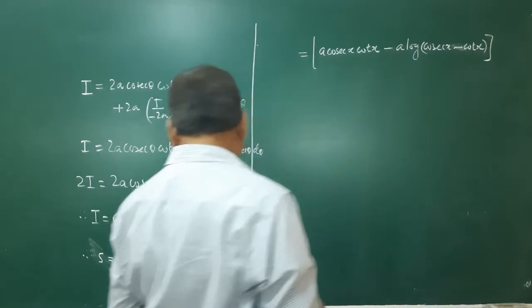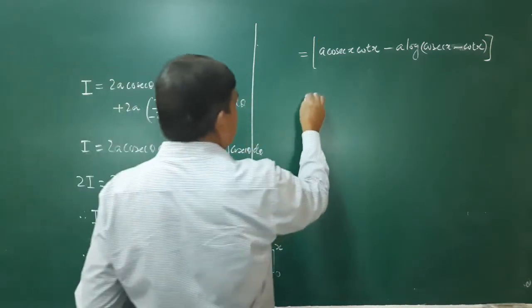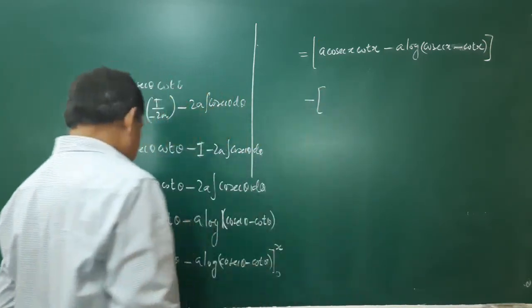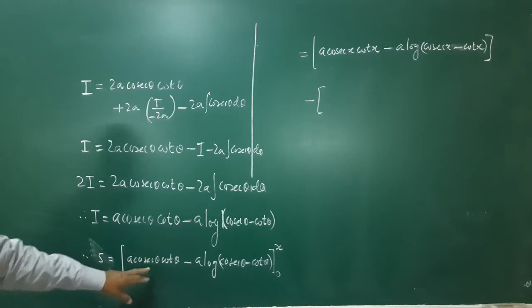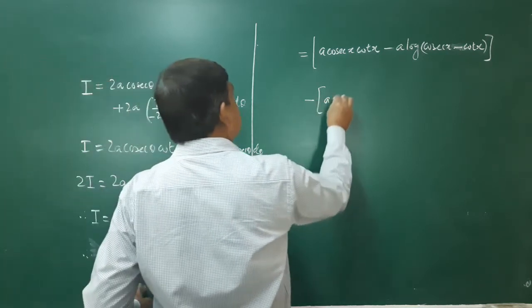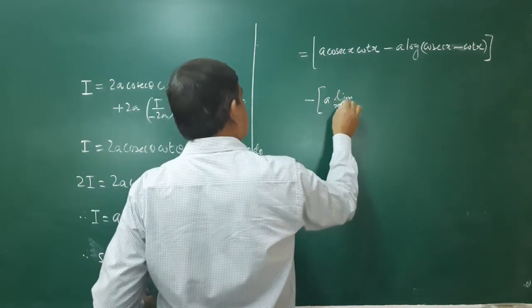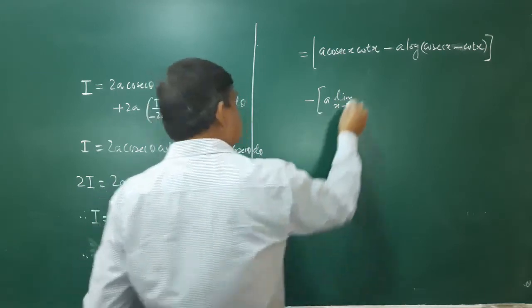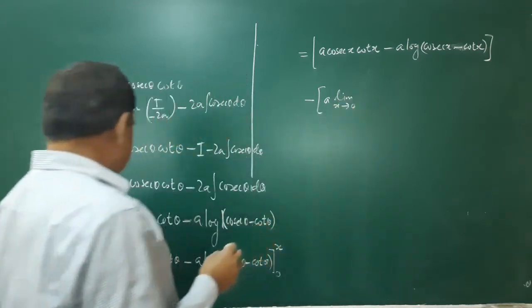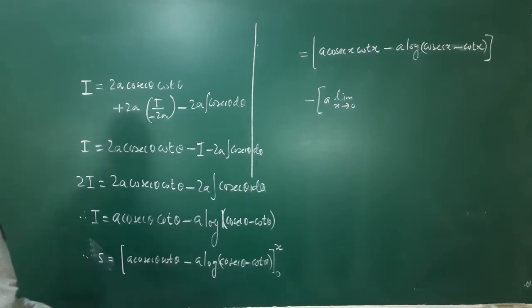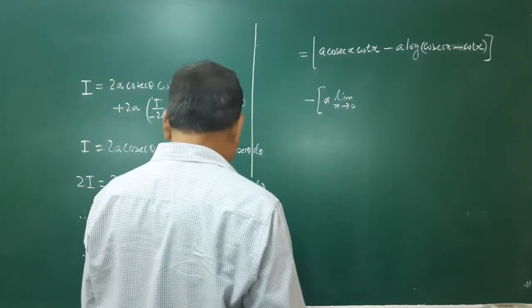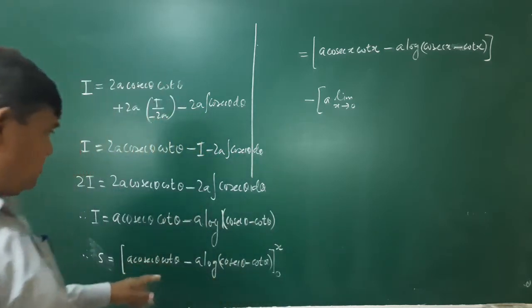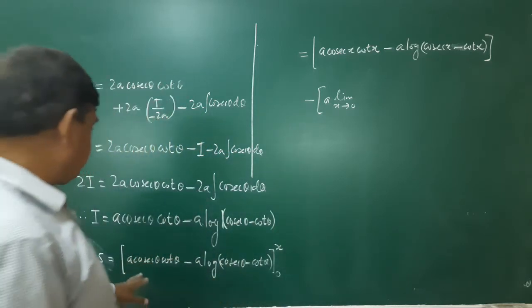This is the upper limit minus the lower limit. This is the limit as x tends to 0 of cosec theta cot theta. Here x is 0, so x tends to 0 here.